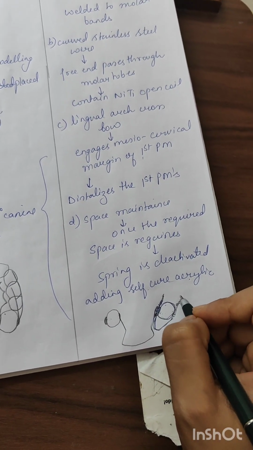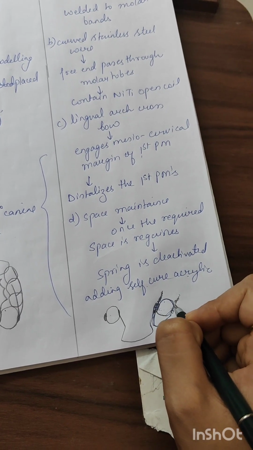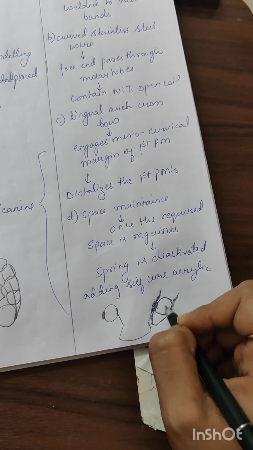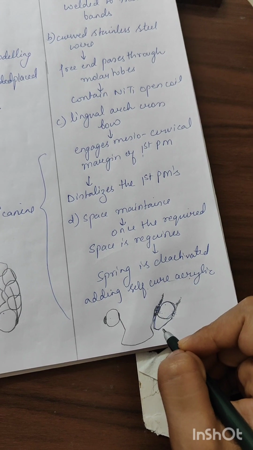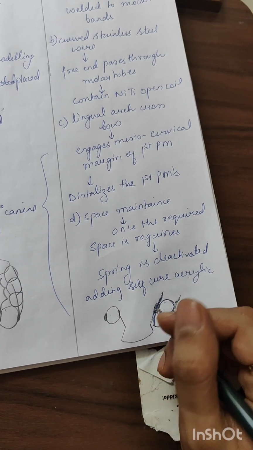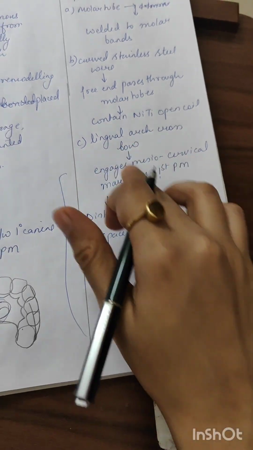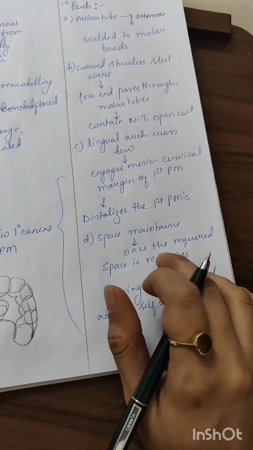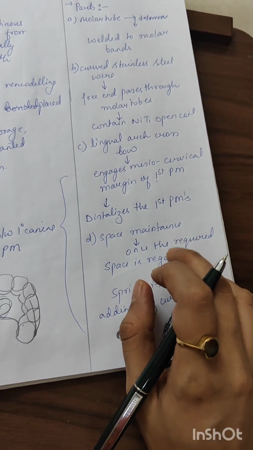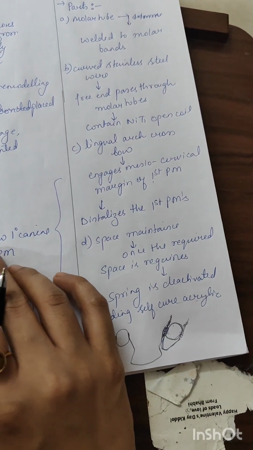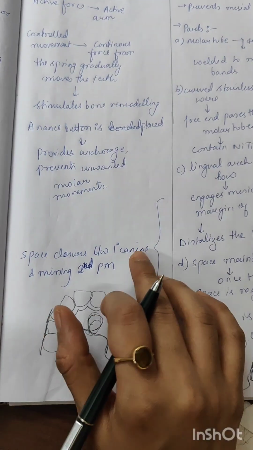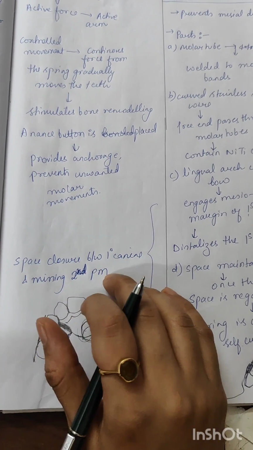It has a molar tube, a curved stainless steel wire, a lingual arch crossbow and acts as a space maintainer. When do we use this? To give space closure between the primary canine and the missing second premolar.